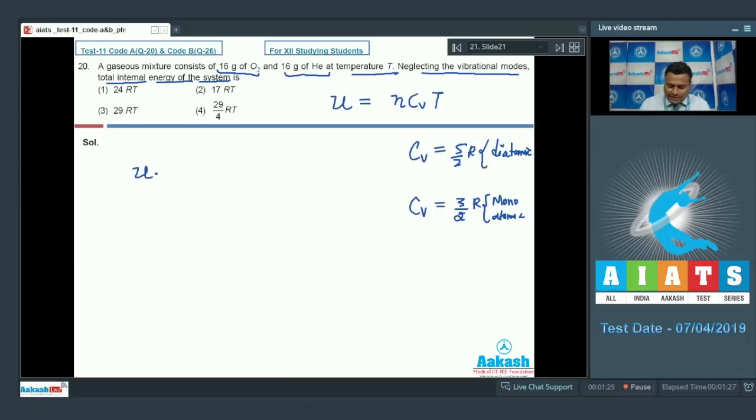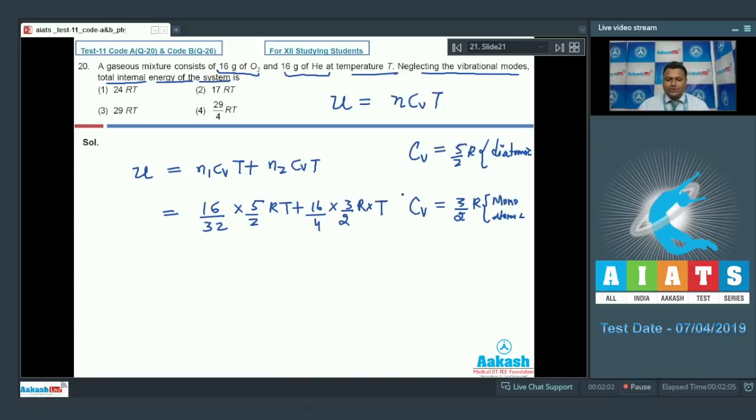Therefore, the total internal energy of system will be what? N1 CV T plus N2 CV T. N1 for oxygen, it is number of moles 16 by 32, mass upon molar mass, multiplied by 5 by 2 RT, plus N2, that is for helium, 16 divided by 4, CV, 3 by 2 R multiplied by T. Now let us solve it.